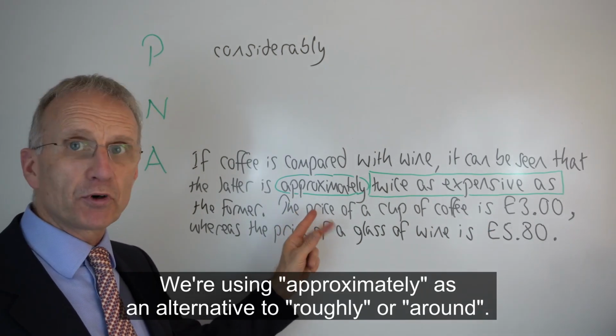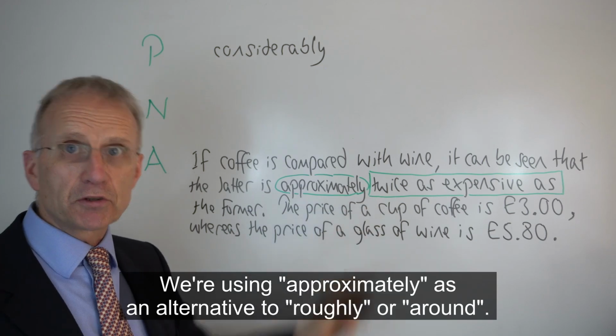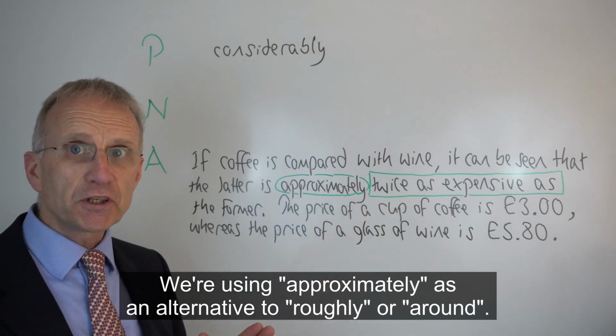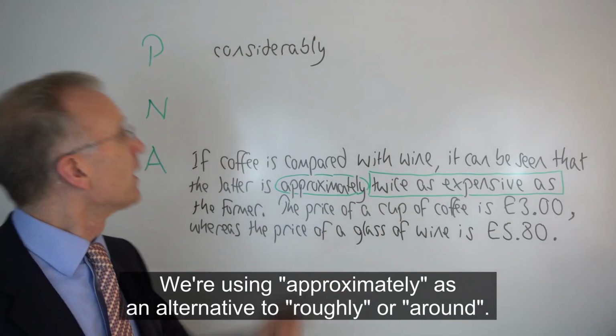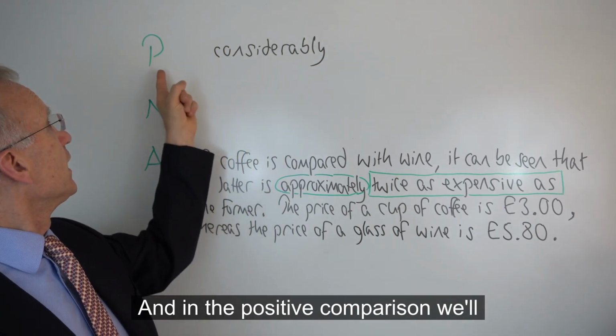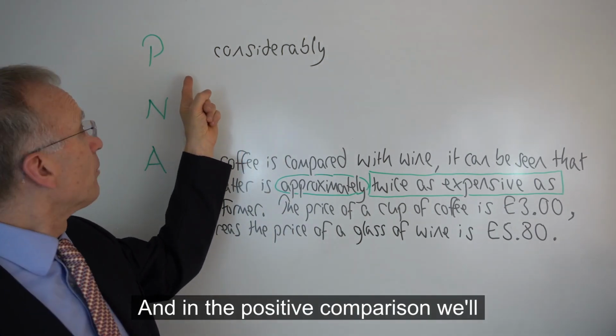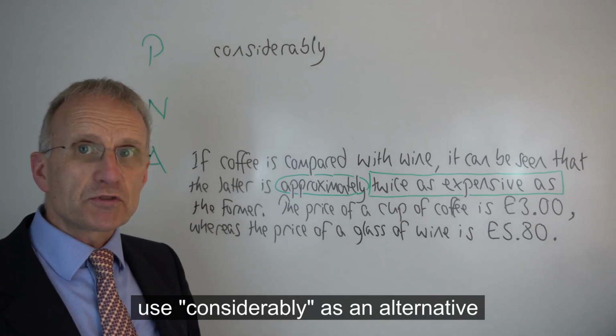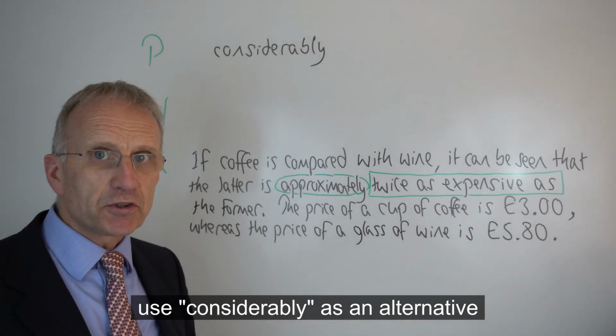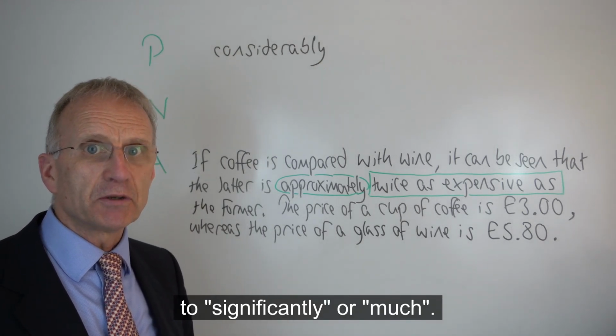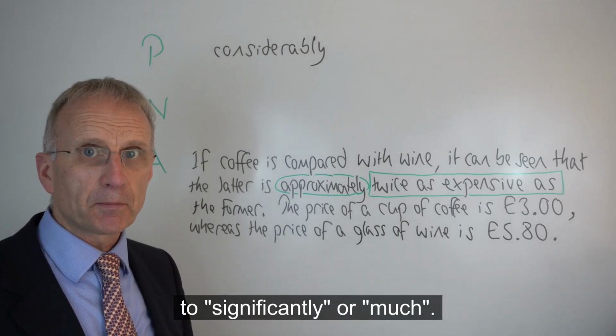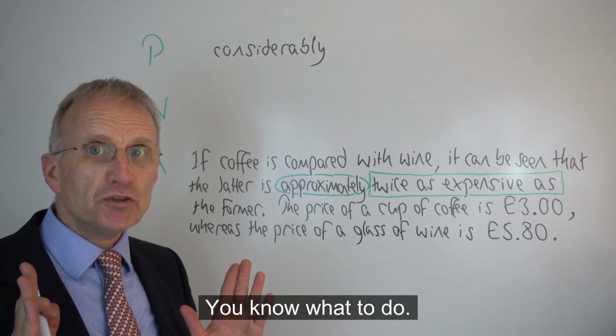We're using approximately as an alternative to roughly or around, and in the positive comparison we'll use considerably as an alternative to significantly or much.